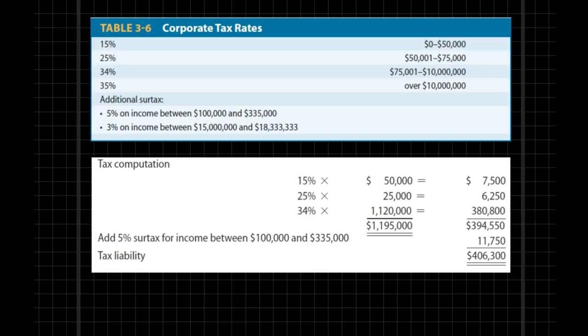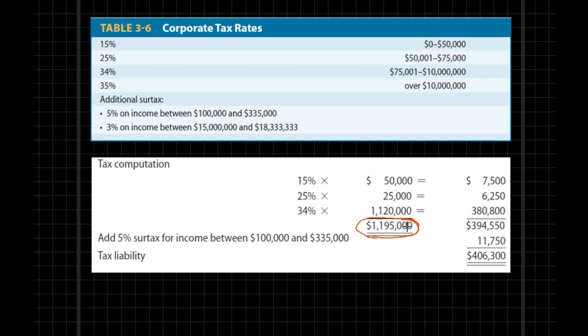The table 3-6 will be provided to you during different exams or quizzes and homework, and it's also available in your textbook. Now, we recall that our taxable income so far was $1,195,000, this figure here, and we need to be cautious now.